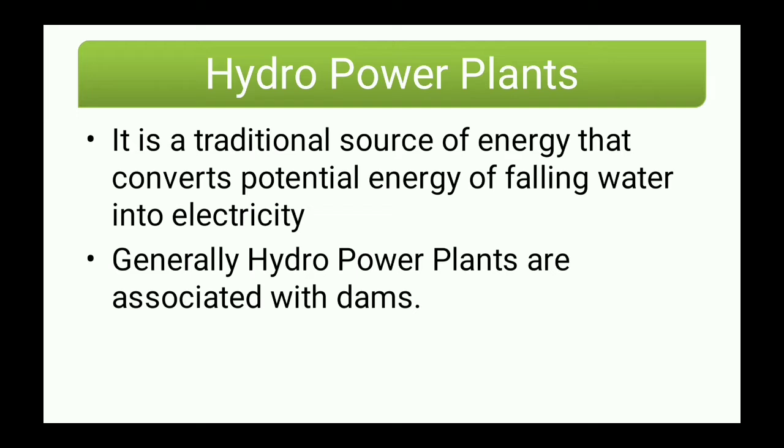Right? In complete year, it should be available all the time, which is not possible for natural resources like rivers or waterfalls. So generally, hydropower plants are associated with dams.